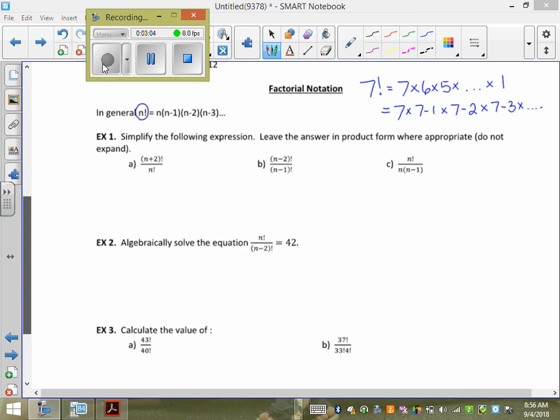We agree? So the numerator, we're going to expand. So it has a factorial symbol. So we can go n plus 2 factorial, but we're not going to put the factorial symbol. We're going to expand it. So n plus 2, then 1 less. What's 1 less than 2? 1.